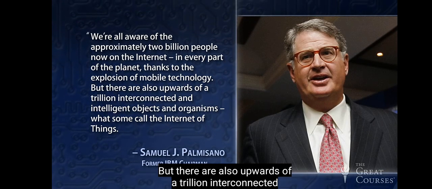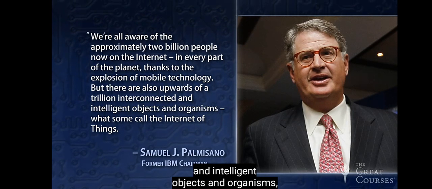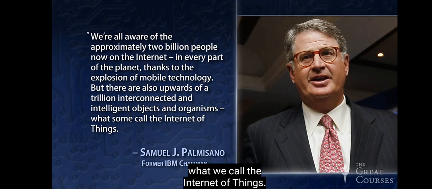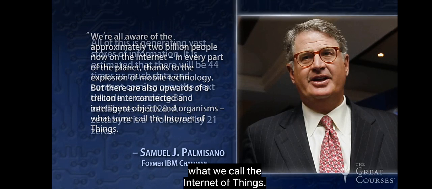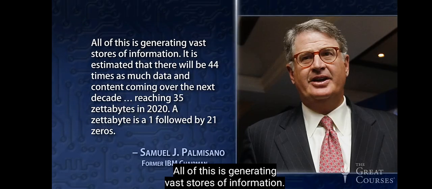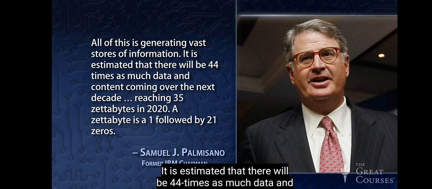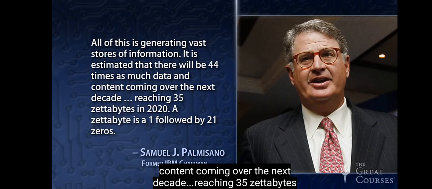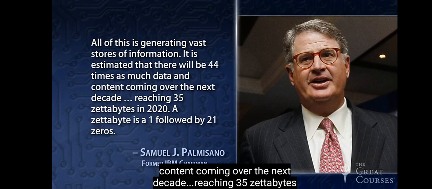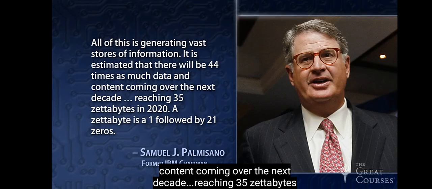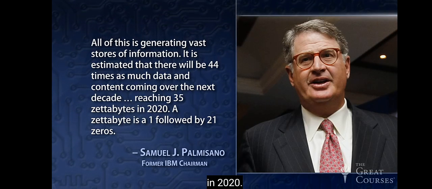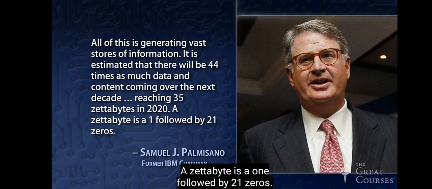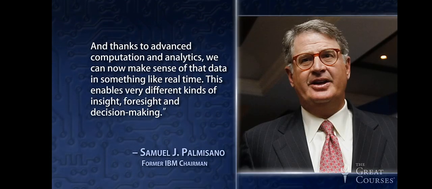It is estimated that there will be 44 times as much data and content coming over the next decade, reaching 35 zettabytes in 2020. A zettabyte is a 1 followed by 21 zeros. And thanks to advanced computation and analytics, we can now make sense of that data in something like real time. This enables very different kinds of insights, foresight, and decision-making."